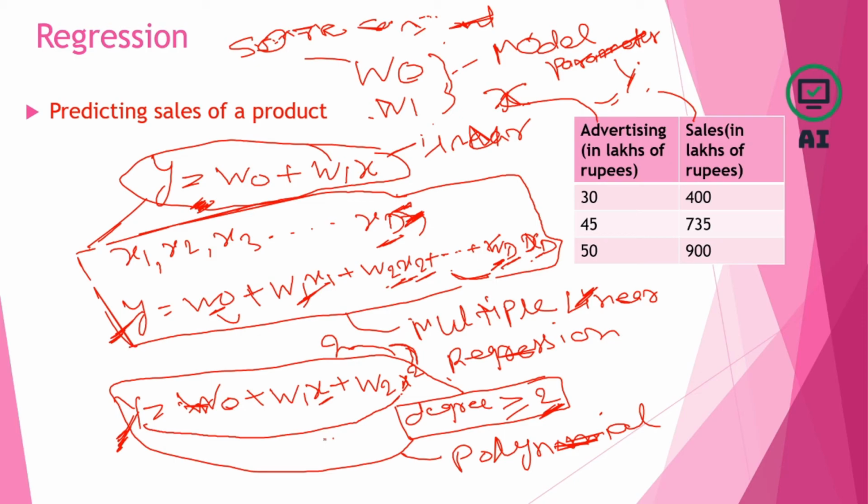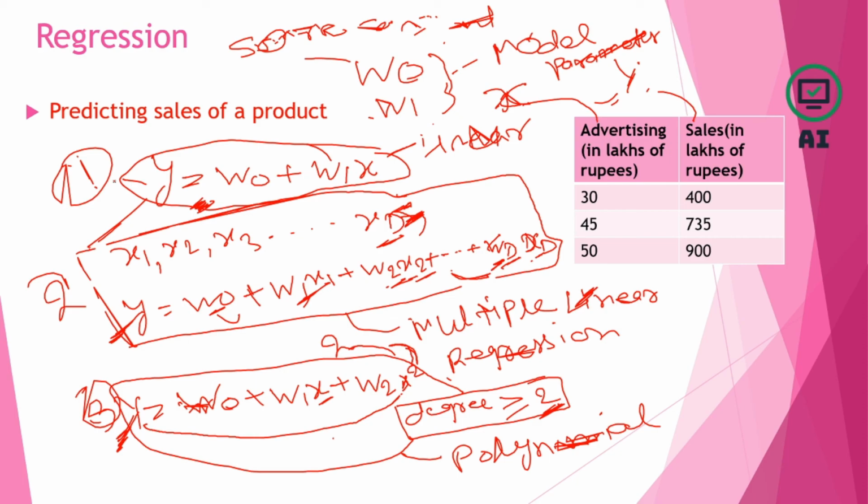So we have understood, as long as the target attribute is linearly related to the features, then we call it linear regression. The first one is linearly related on x, so it is simple linear regression.